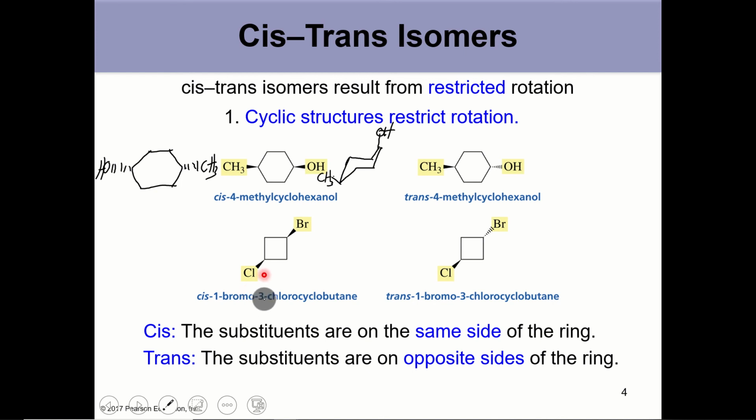So if we don't have our two substituents identical, then we have zero mirror planes, which means we have no superimposable mirror image. If the two substituents were the same, then we would have a superimposable mirror image. Okay?